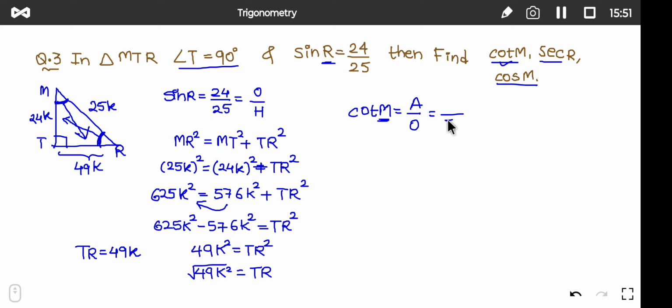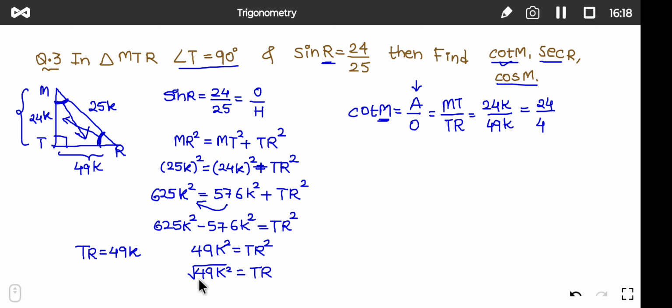So in the denominator TR will come, and in the numerator adjacent. So what is the adjacent side of angle M? Adjacent side is MT. So MT upon TR. So MT is nothing but 24k divided by TR. TR is nothing but 49k. So k will get cancelled. So answer is 24 by 49.